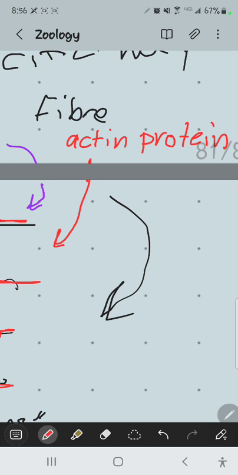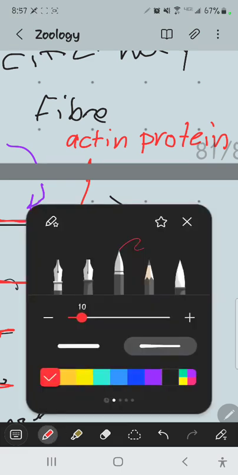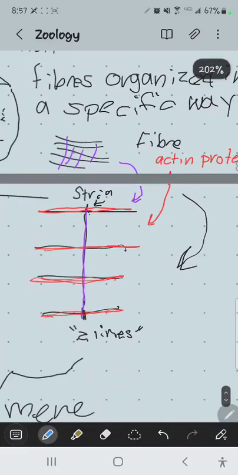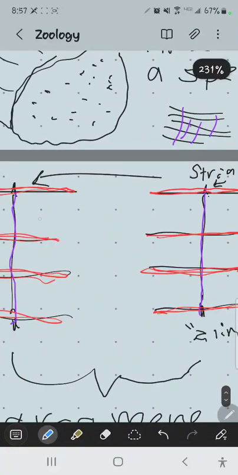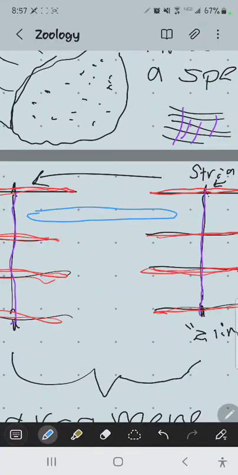The other fiber that's kind of on the inside is called myosin. And myosin is called a thick filament. It has a bundle of proteins that make it thicker in cross section.